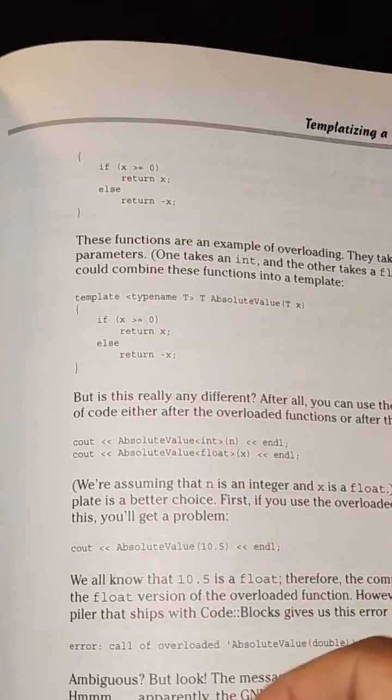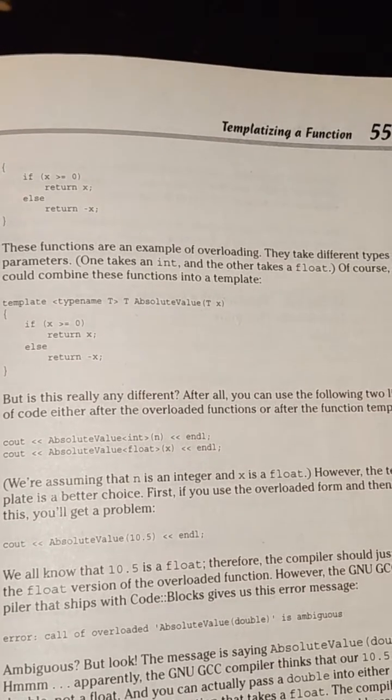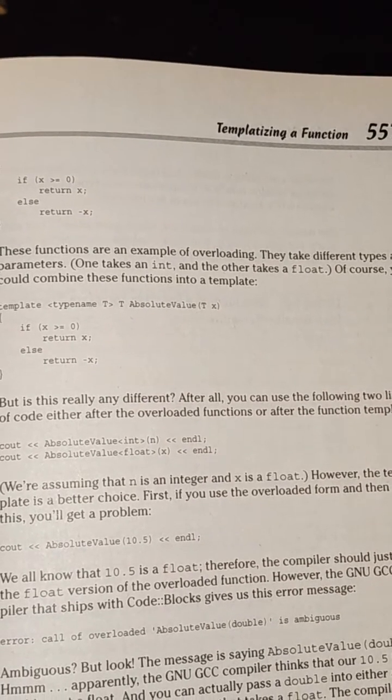These functions are an example of overloading. They take different types of parameters. One takes an int and the other takes a float.